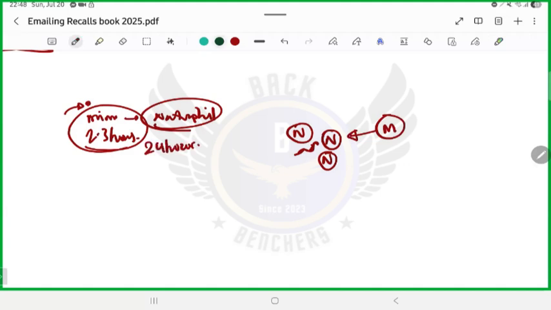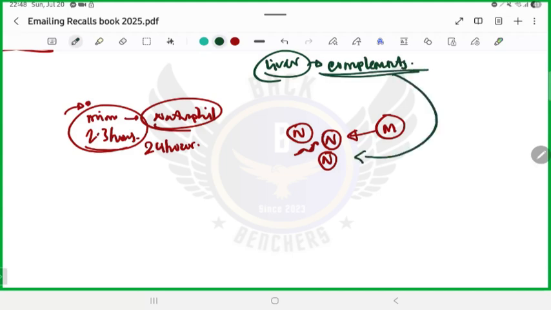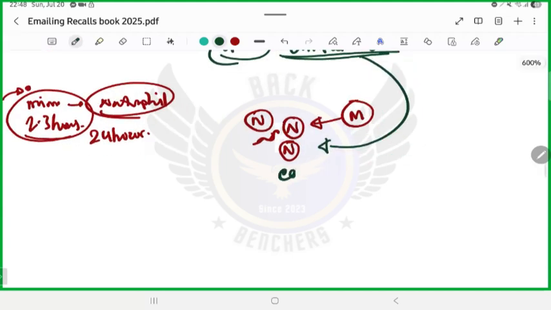Now, what are the other players in this area? The liver has produced complements. Complements are short proteins. Complements will come here too. What do complements do?